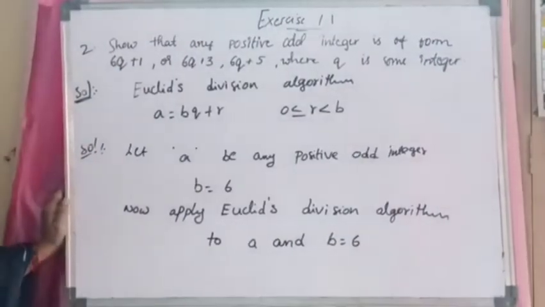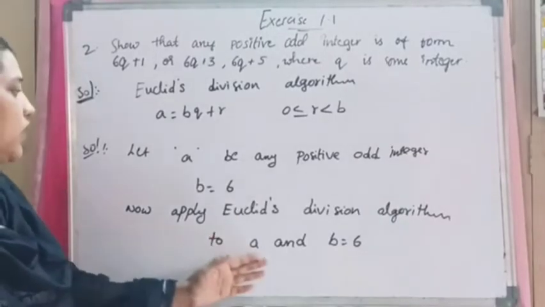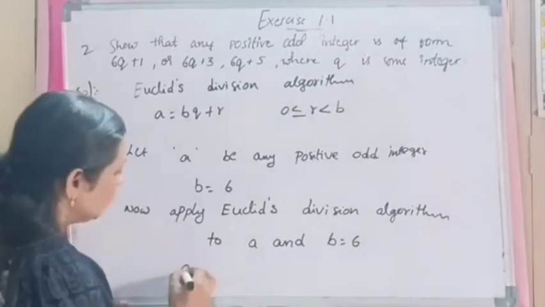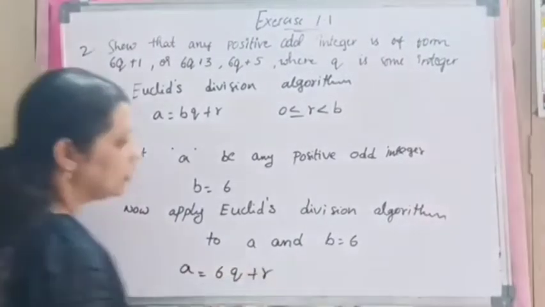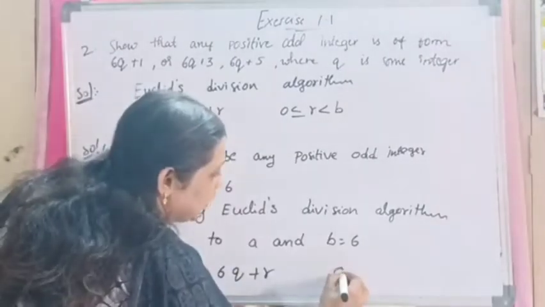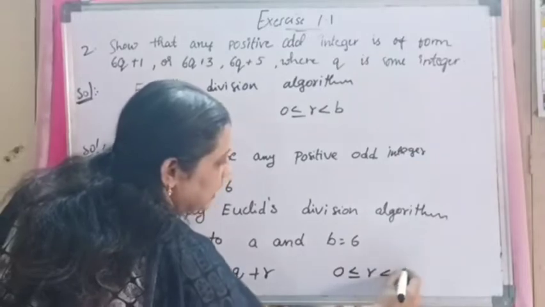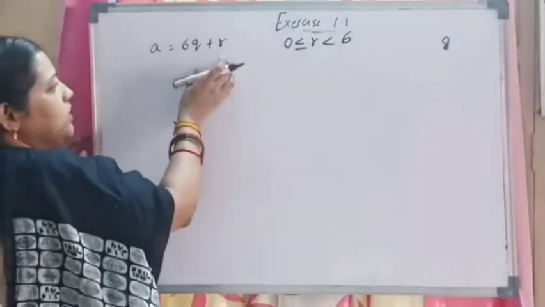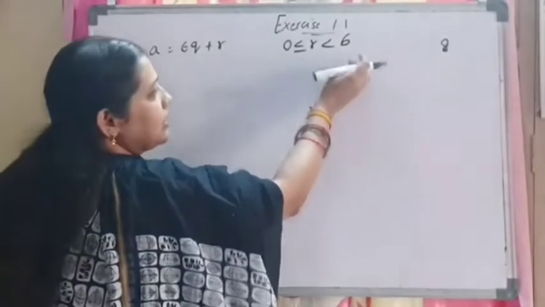Let a be any positive odd integer, b is equal to 6, and apply Euclid's division algorithm to a and b is equal to 6. Now a is equal to 6q plus r, r is bounded between 0 is less than or equal to r is less than 6.